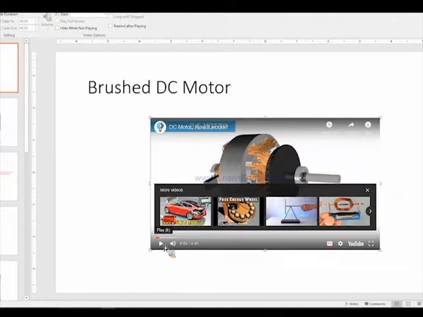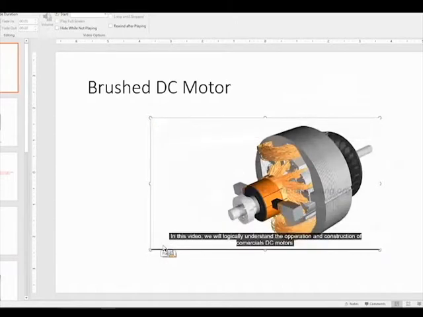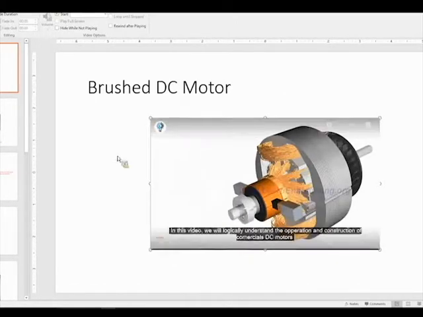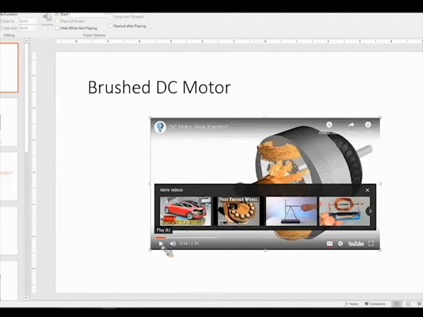Volume. Okay, there should be audio here. So let's do something here. Let's see. I wonder if it's just because I'm using my laptop and not the Podium PC.